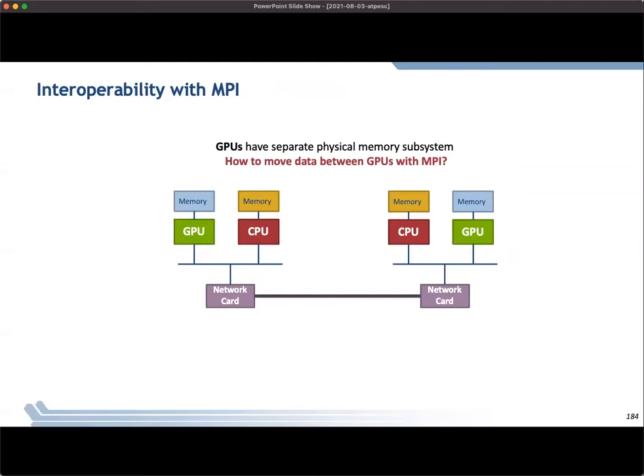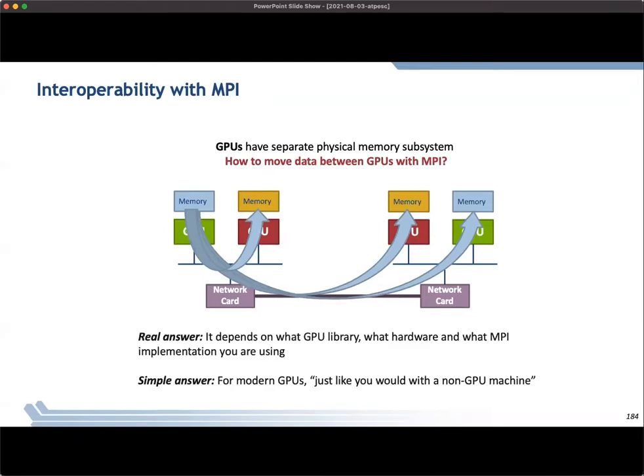So the core problem in programming GPUs is that a GPU has separate memory. How does MPI deal with communication, moving data around? How do we access the data in GPU memory, and move it between the CPU and GPU and across the network? The simple answer is that for most modern GPUs, you can do that.